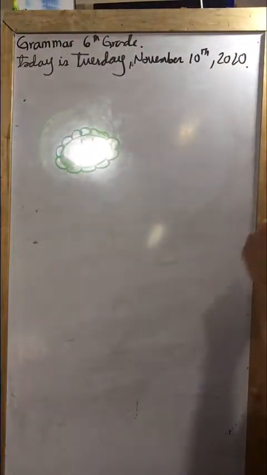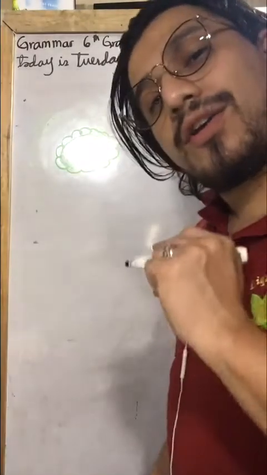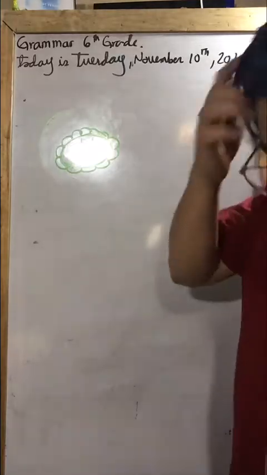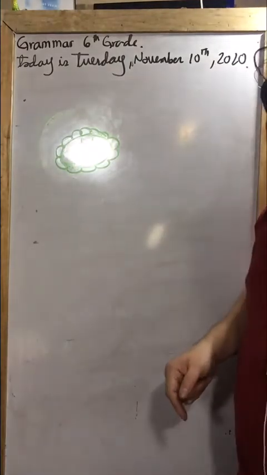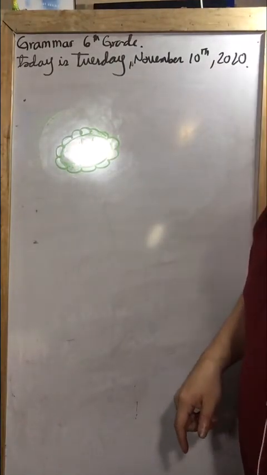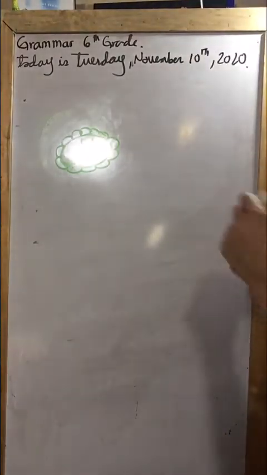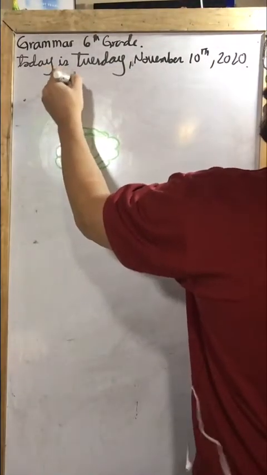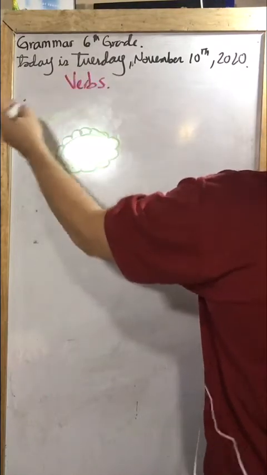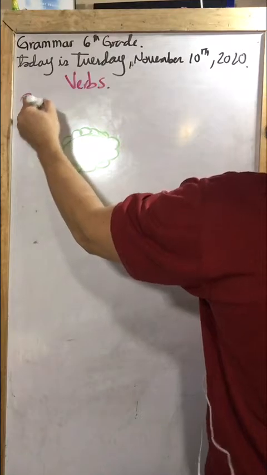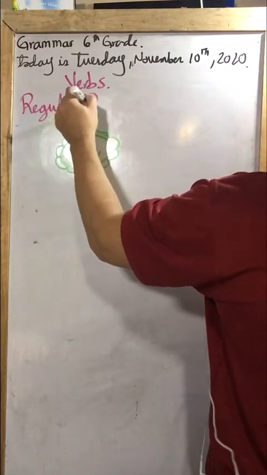Our research says verbs, regular, present, past, but we are going to add something else in here, future, okay? So we are going to make our classwork with 3 tenses. So let's write our topic. Verbs, regular, present, past, and future tense.